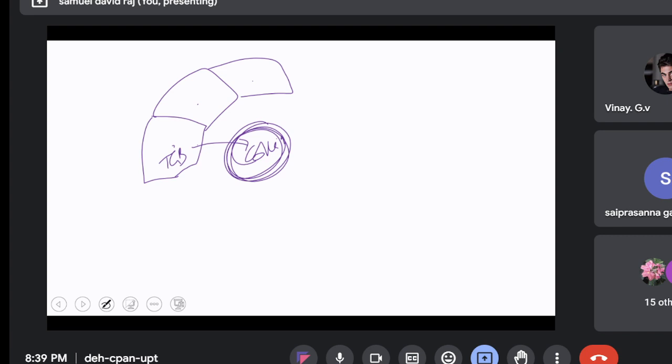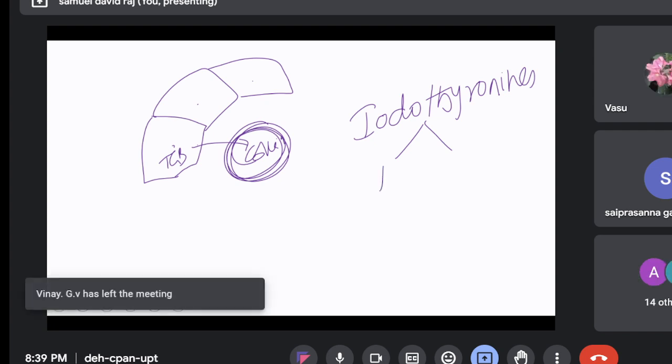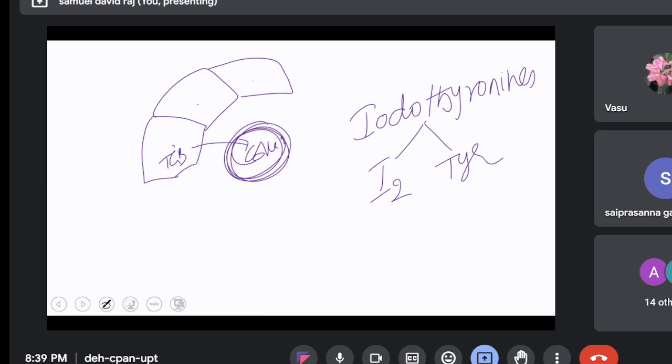And these hormones are generally called iodothyronines. Both T3 and T4 are called iodothyronines. The name shows that they require two components, iodine and tyrosine. The first one is iodine, the other is tyrosine.